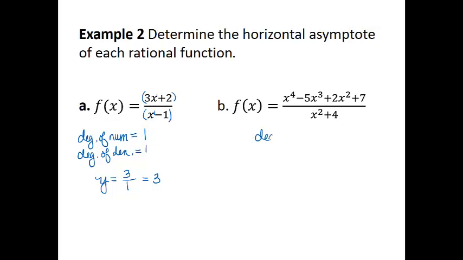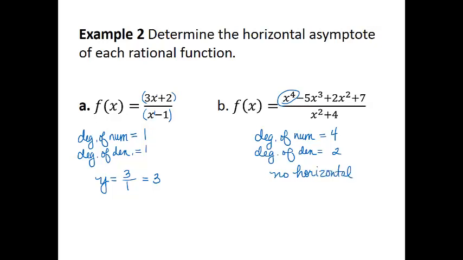The degree of the numerator is 4. The degree of the denominator is 2. So as x gets really, really large, notice that this x to the 4 is going to overpower this x squared in the denominator, and therefore it will continue to grow and increase in value, and so there's no horizontal asymptote.